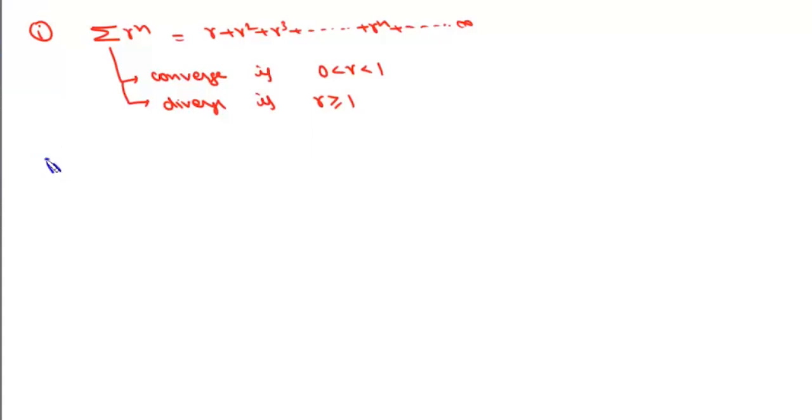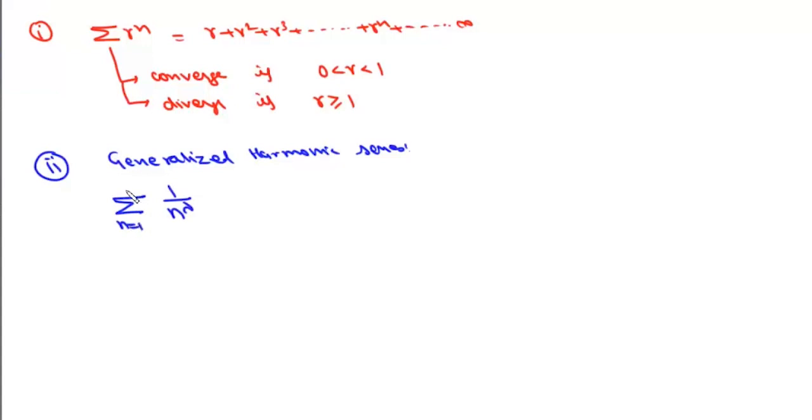And the second important standard series is the lambda series, or generalized harmonic series. We can write the series as the summation of 1 upon n to the power lambda, where n varies from 1 to infinity.